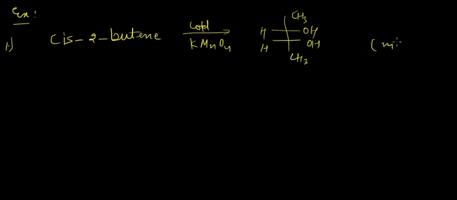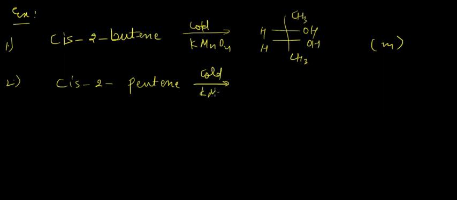So this is a meso compound. Second example is cis-2-pentene, which is passed over cold KMnO4. So what would be the product formed out of it?